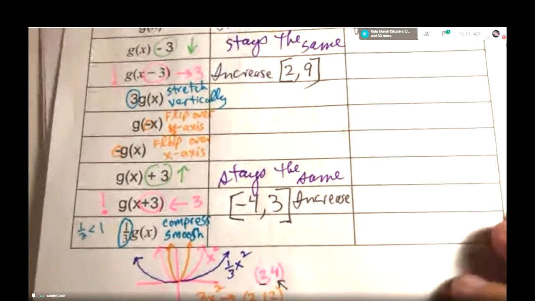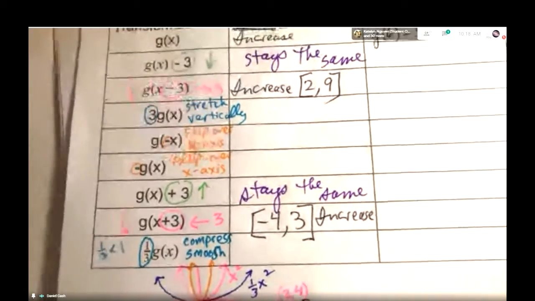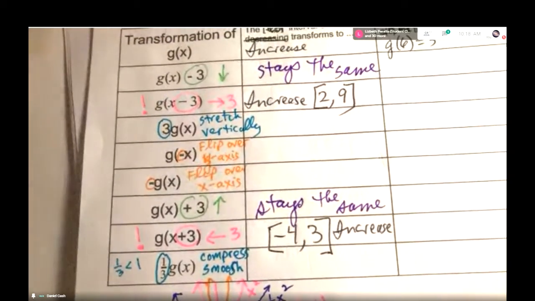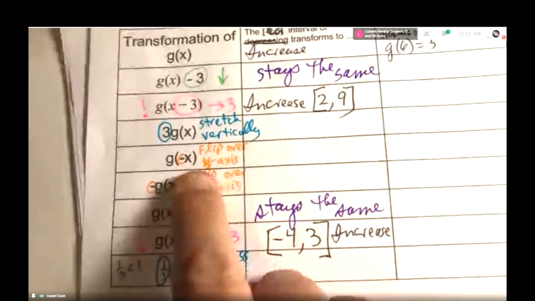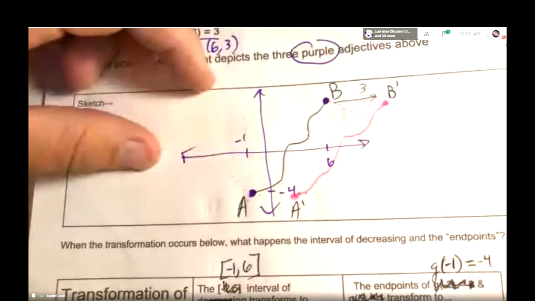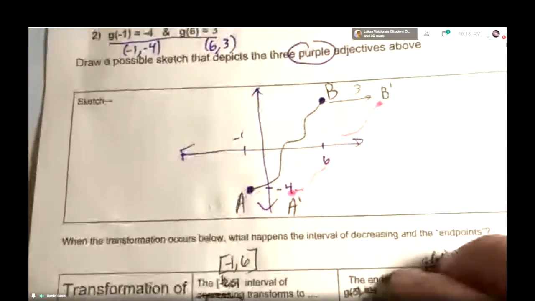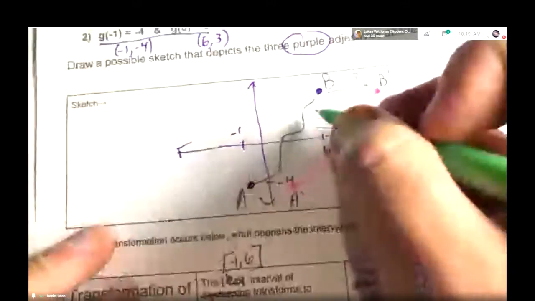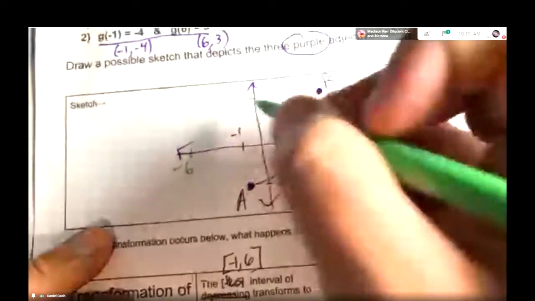Now let's get to the fun stuff here. Let's do the reflections here. So I'm going to flip the function over the y-axis. If I fold this over the y-axis like a book, what's going to happen is point B is going to flip all the way over here to -6 and 3.